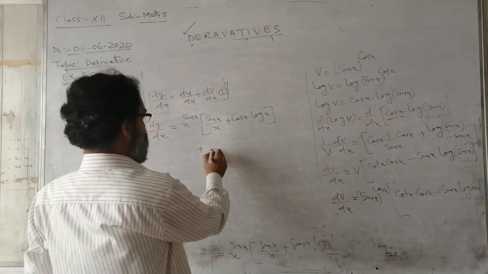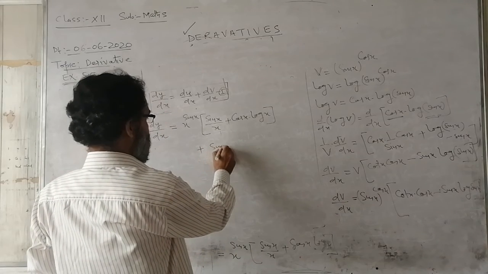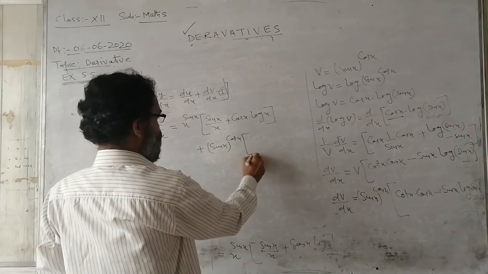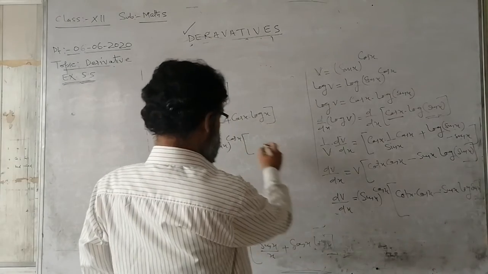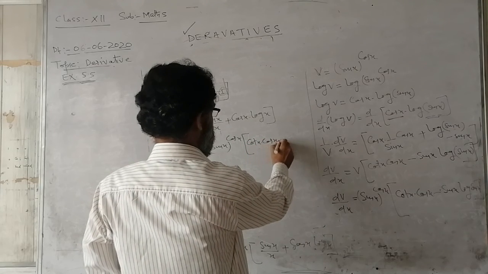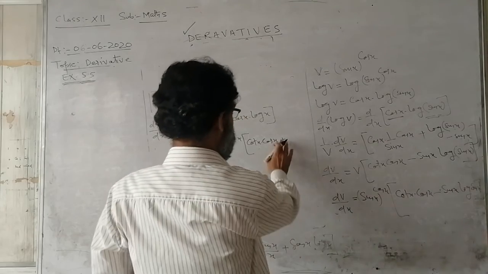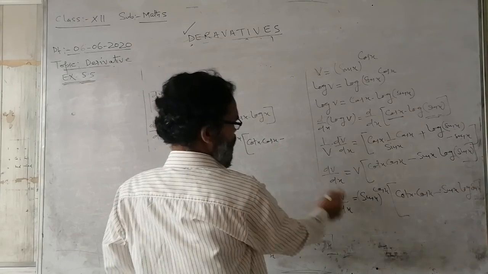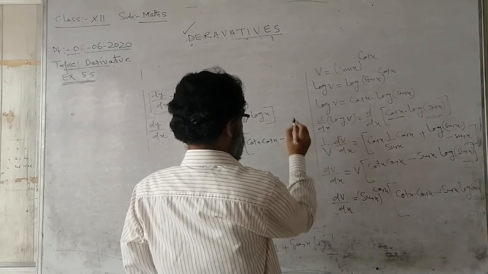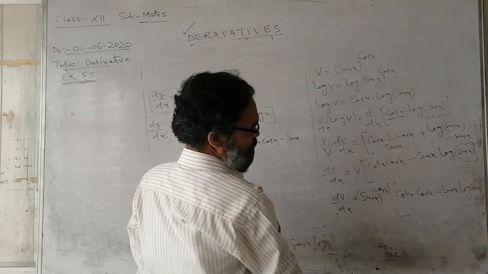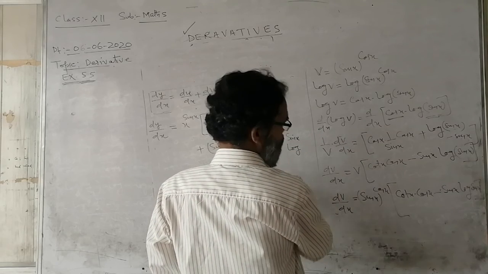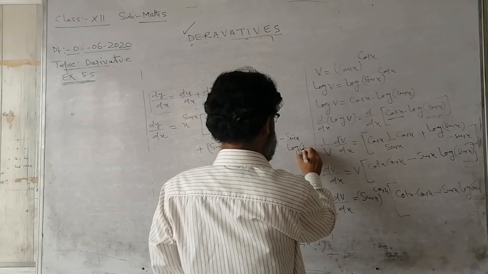So I can substitute sin x raised to power cos x into the term inside the bracket, that is cot x into cos x, and plus, it is minus sin x into log of sin x.